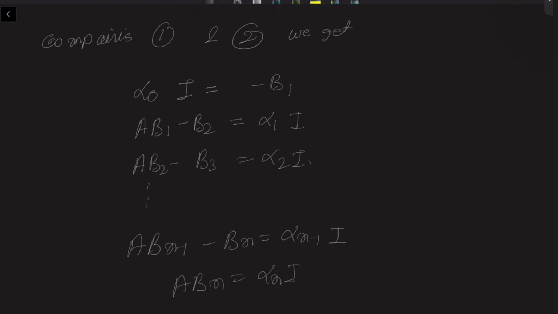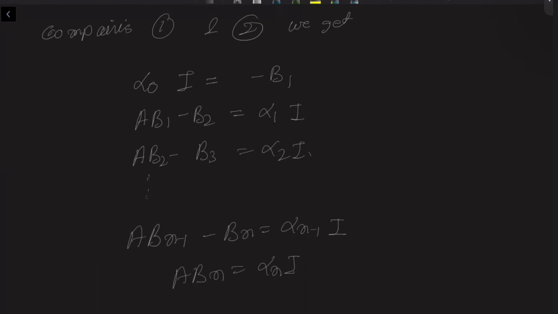So we got a set of equations, right? We got n plus 1 equations here, starting from alpha naught I to B1, B2 up to Bn. Now what I want to do is multiply each term by some quantity and then add.